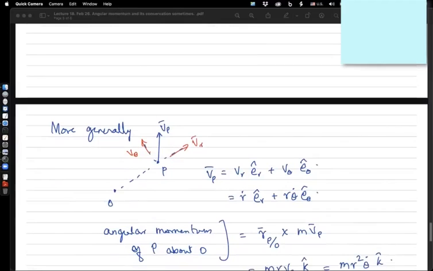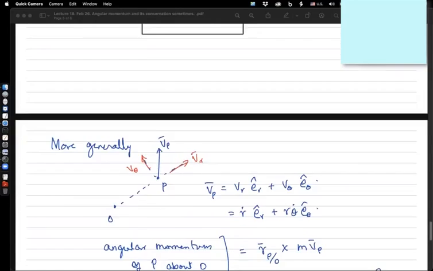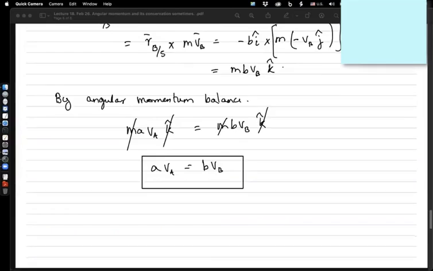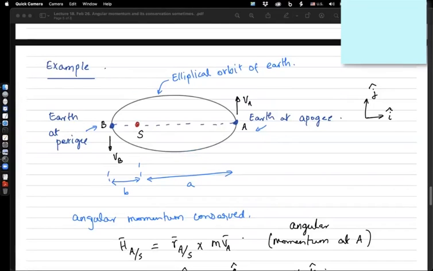More generally, if you have some random point P, consider some point P here. We have the line joining S and that point P like this. The velocity itself is going to be tangent to the ellipse. So they're no longer going to be perpendicular.